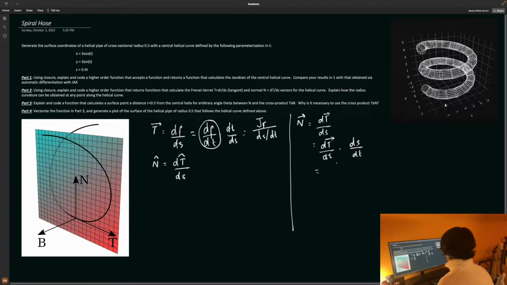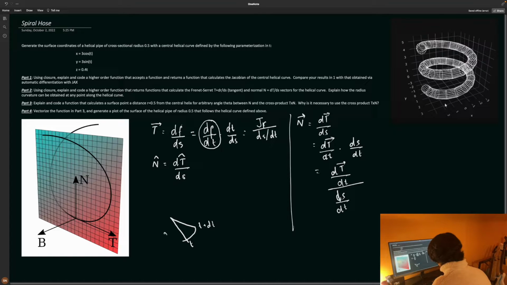Again, we can write this as the derivative of the tangent vector with respect to time divided by the derivative of arc length with respect to time. Now, another thing is that say we have this part of the curve and it's got its origin, and this is at time t, and this is at time t plus dt. So this would be the radius at t, and this would be the radius at t plus dt.